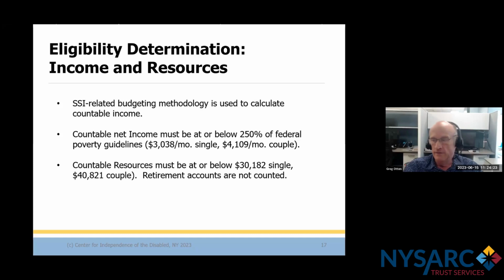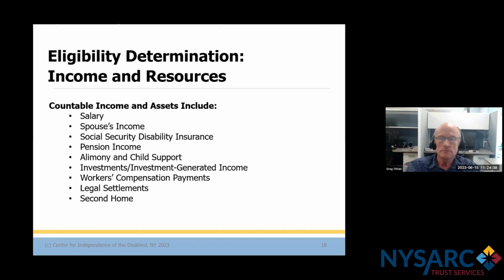On the other hand, if the lion's share of the income is unearned, the income limit is going to be lower because that has a less disregard. And I already went over the resource limits. These are items that are countable as far as income and assets. So I'll let you study that.